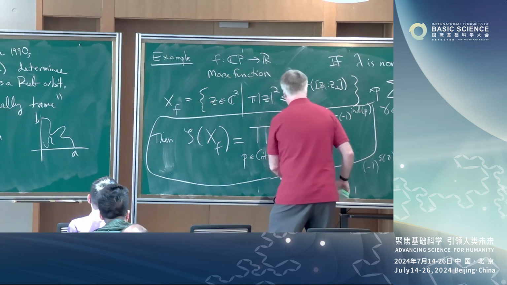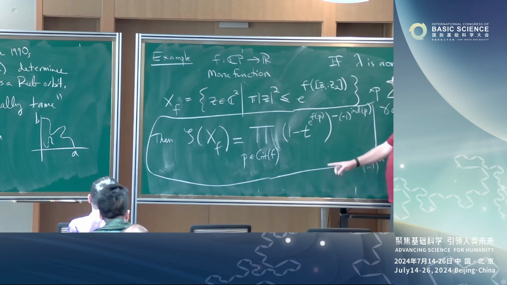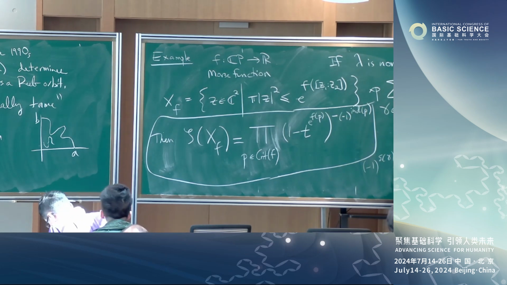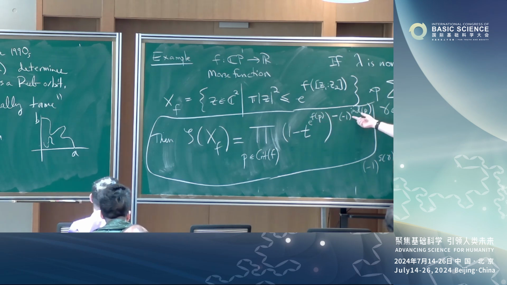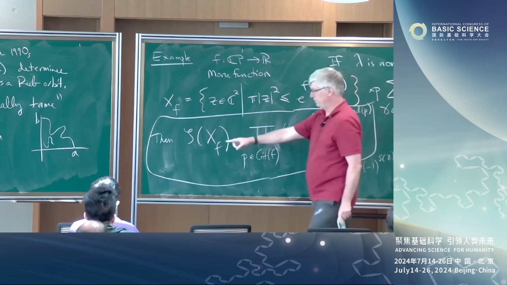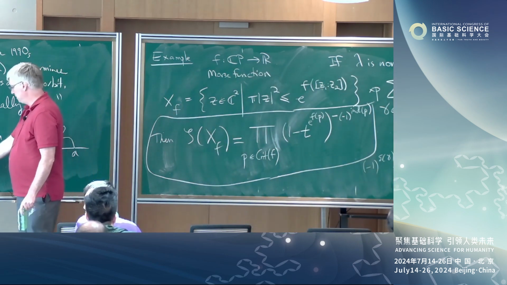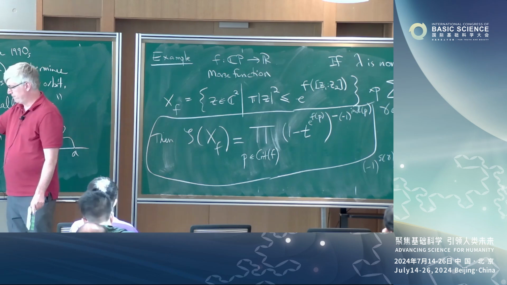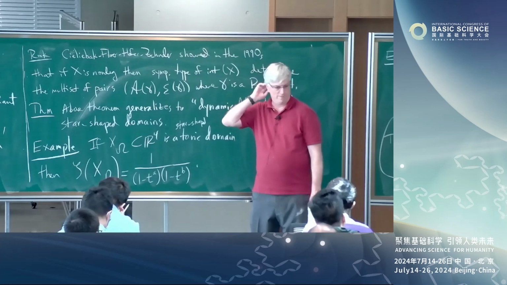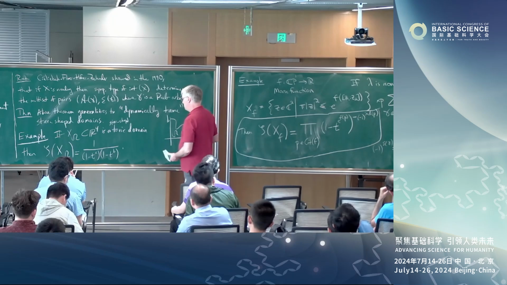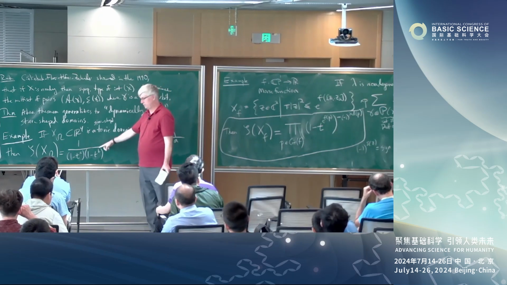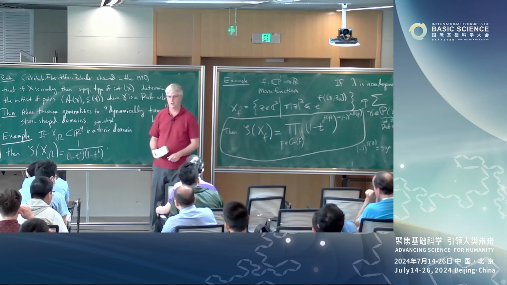So for each critical point of f, you get a factor, which is 1 minus t to the something, and if it's an even index critical point, then it's going to be 1 over 1 minus t to the something, like in this formula. But if it's an index 1 critical point, then you're going to have 1 minus t to the something in the numerator. So using that formula, it's not hard to just choose your Morse function so that you get a formula which cannot look like this. And that's how you prove theorem 1.